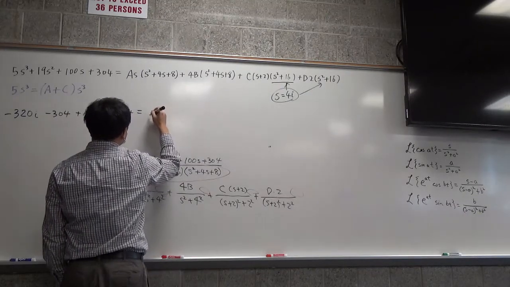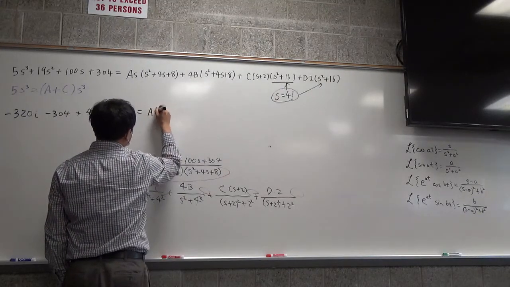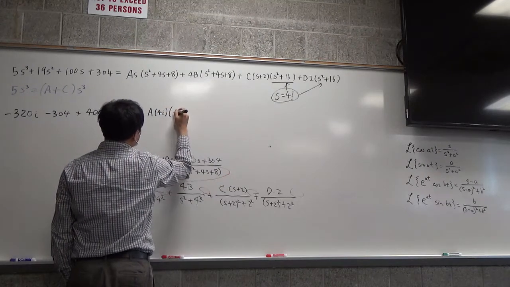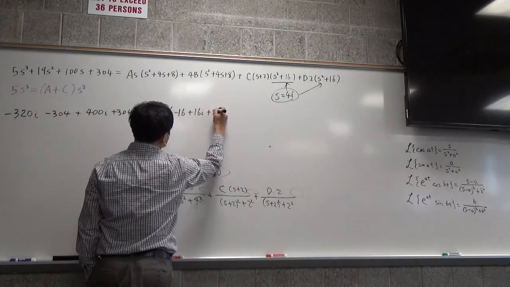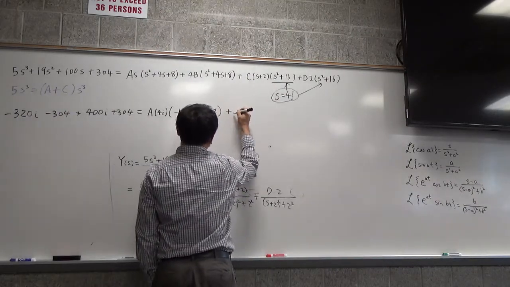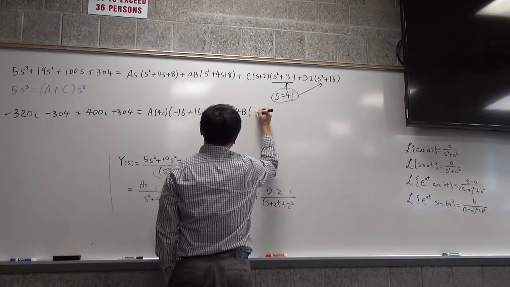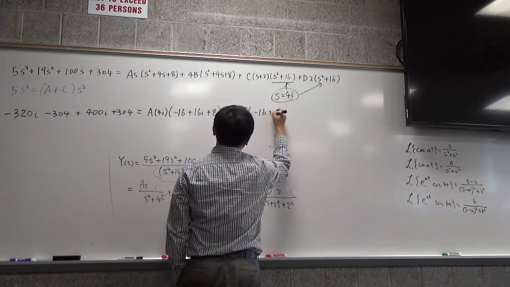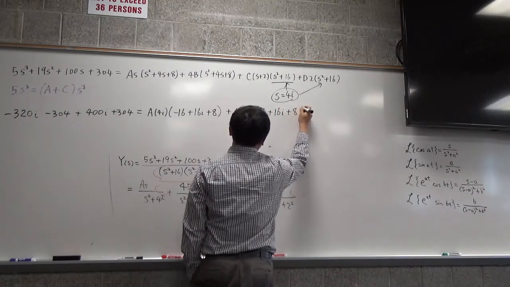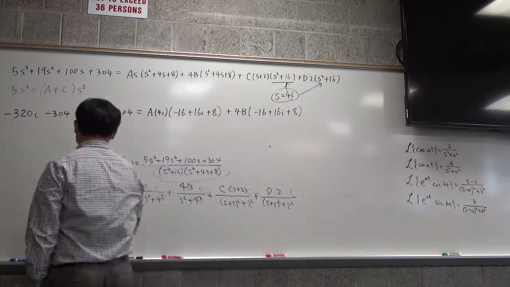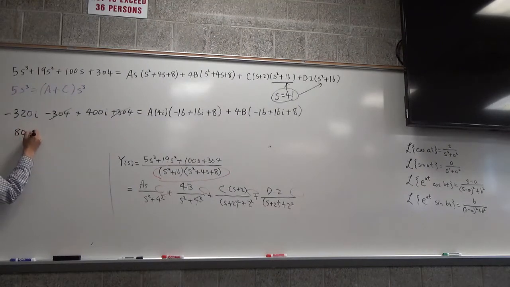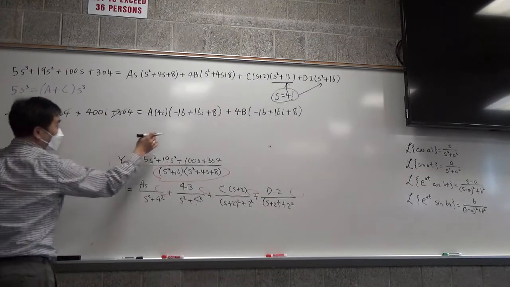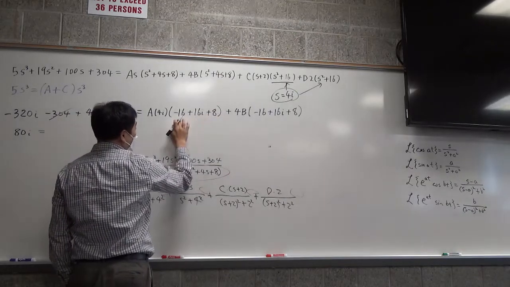And then you're going to get a times 4i times negative 16 plus 16i plus 8, plus 4b times negative 16 plus 16i plus 8 again. And then, as I said, these two cancel. 400 minus 320, that's 80i, equal to 8 minus 16 is negative 8.